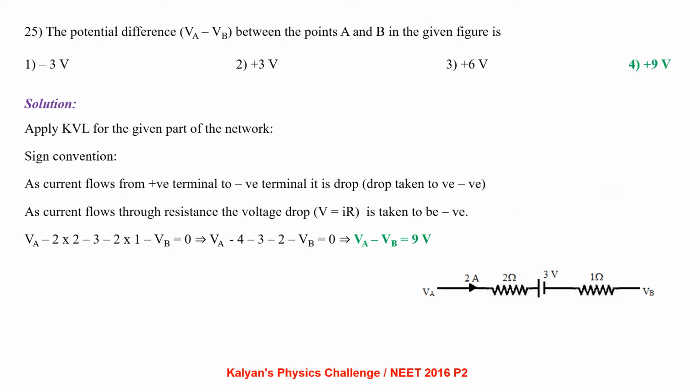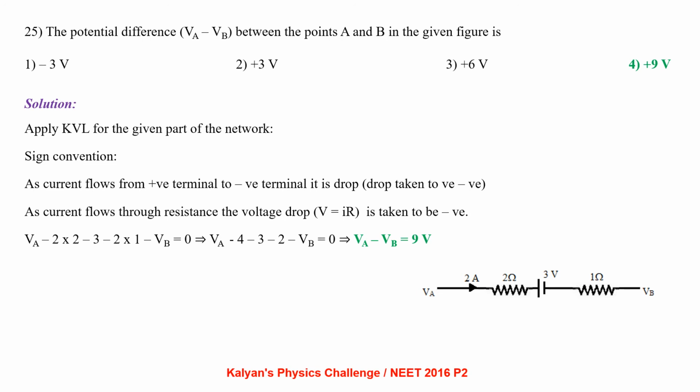The potential difference VA minus VB between the points A and B as shown in the figure is. As seen from the diagram, it is a part of a circuit between points A and B. There are resistors 2 ohms and 1 ohm and a battery of 3 volt.